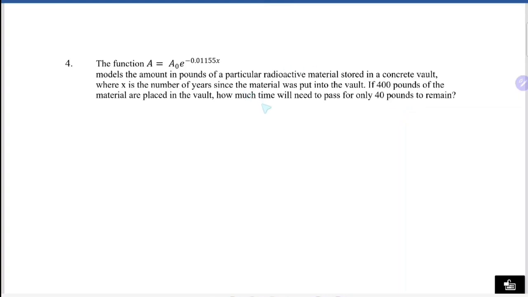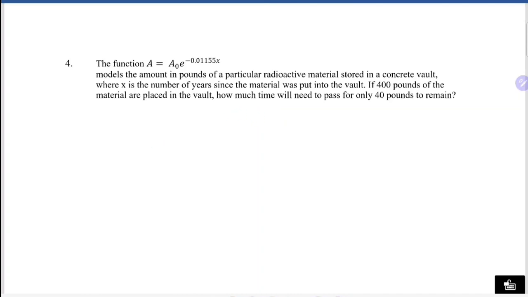The question is asking how much time it will take for the material to be reduced from 400 to 40 pounds.